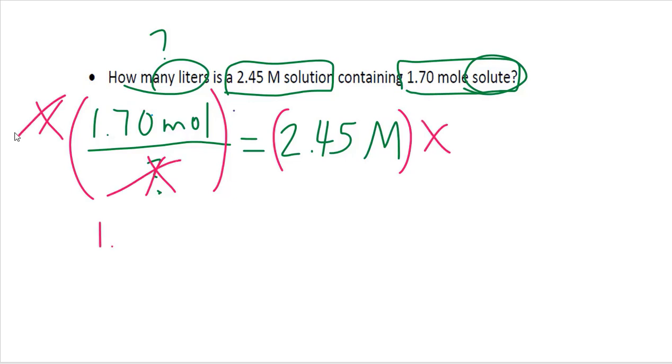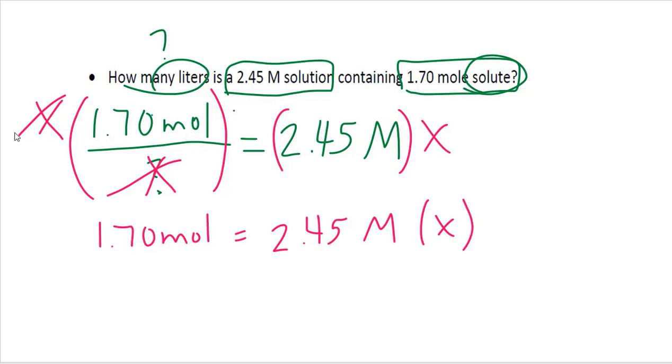So I'm left with 1.70 moles is equal to 2.45 M times X. So that didn't solve the problem for me. If anything, I went from having a variable on the left, and now I have my variable on the right still attached to the other number. But now I don't have an ugly fraction.